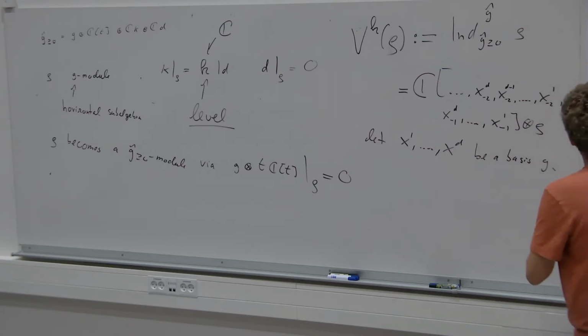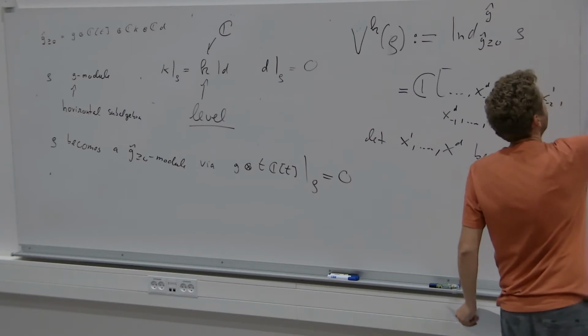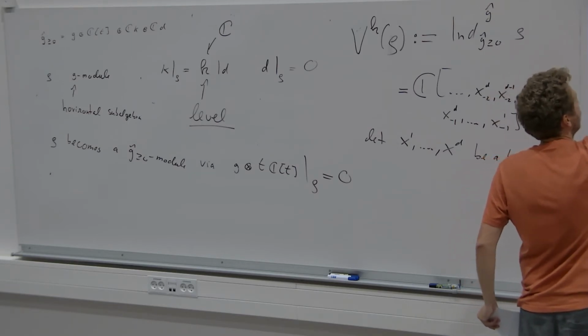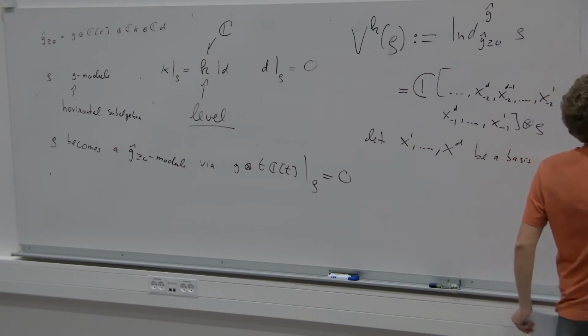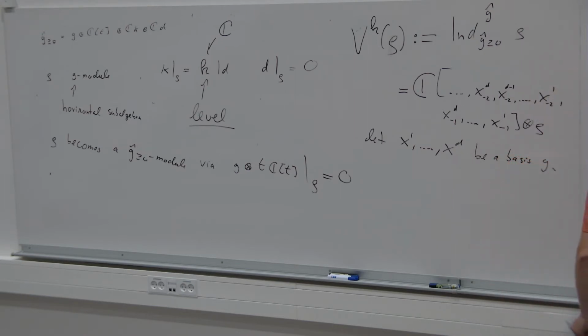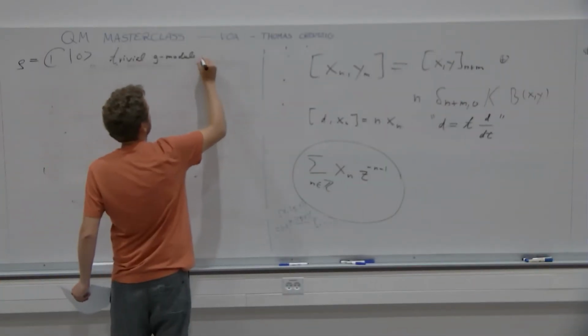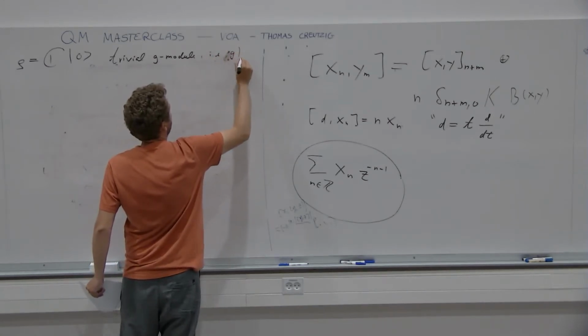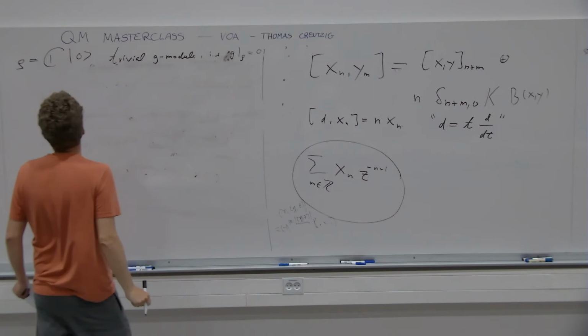And now if we take rho to be the trivial representation, so what I mean is that G just acts on rho as 0.